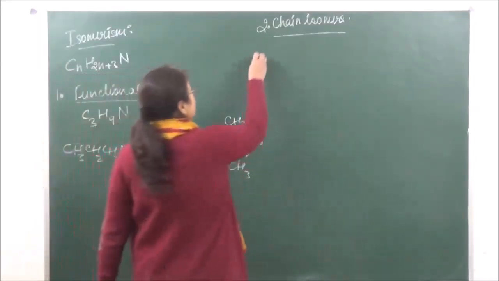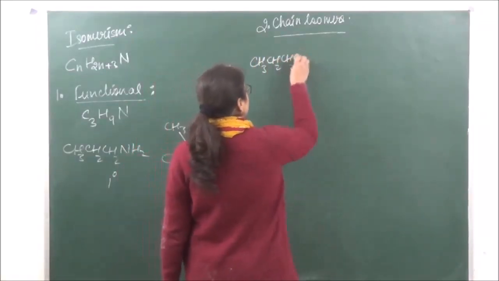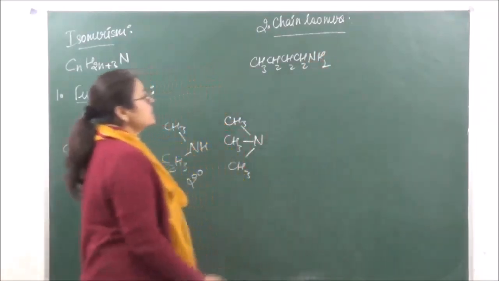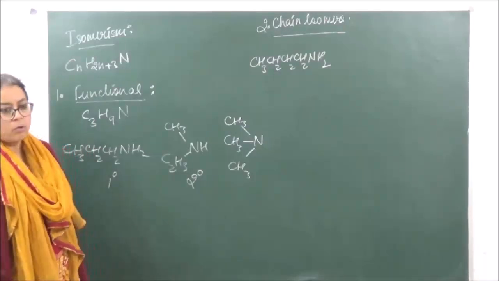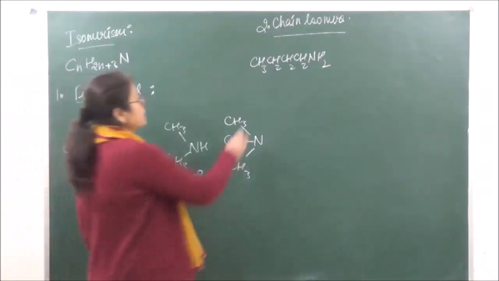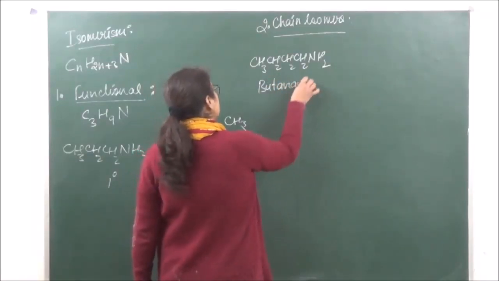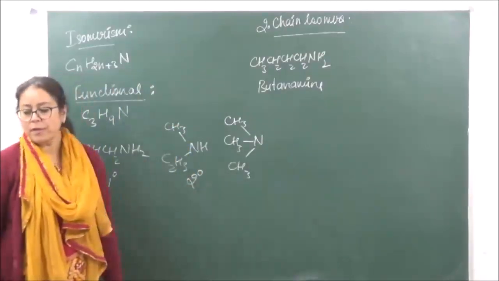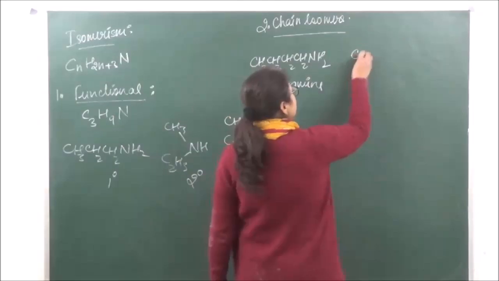For example, if we are taking CH3CH2CH2CH2NH2, this is known as butanamine, okay? Now the chain isomer of this has a changed chain skeleton.